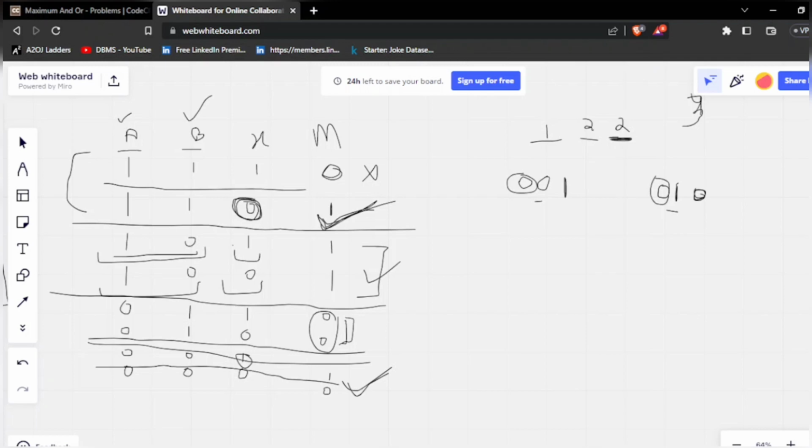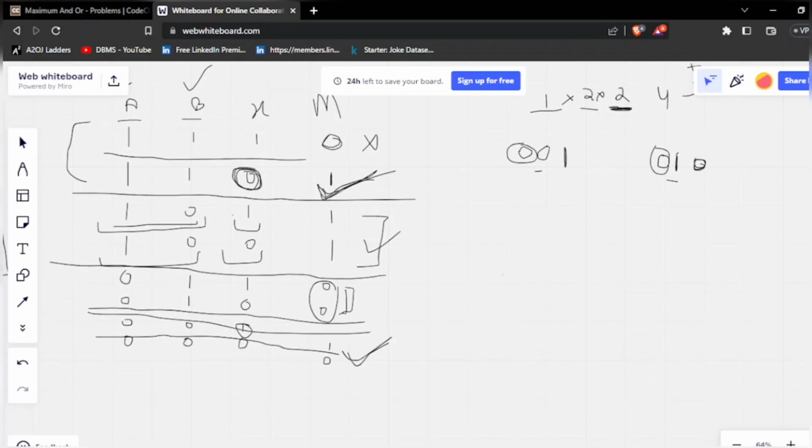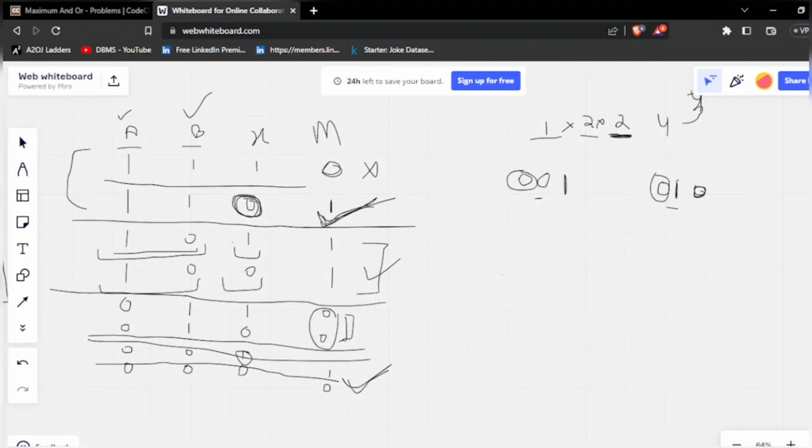According to permutation and combination, there are two ways of choosing this bit, two ways of choosing this bit, and only one way of choosing this bit. So what we'll do is multiply them. If we multiply them, we'll get 2 into 2 into 1 as 4. So this is the basic and simple solution.